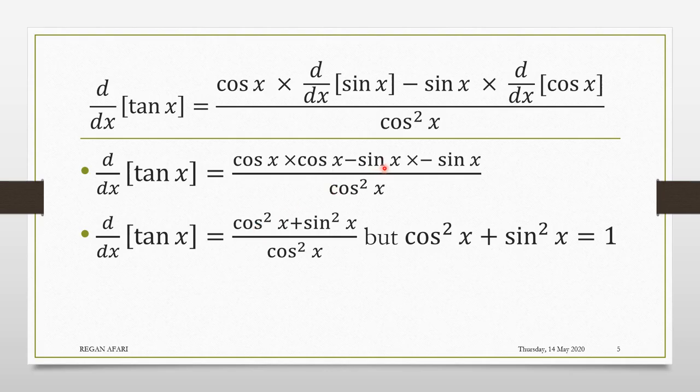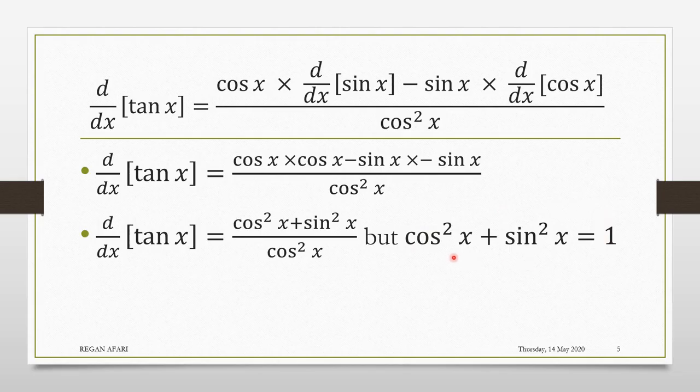Now you have sine times sine, that is sine squared x, and negative times negative gives positive. But from our study of trig, we know there's an identity that says cos squared x plus sine squared x gives 1.